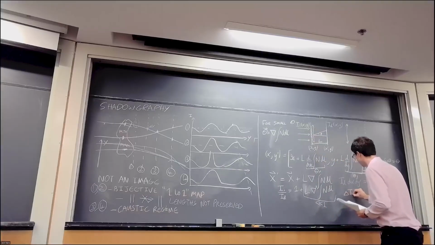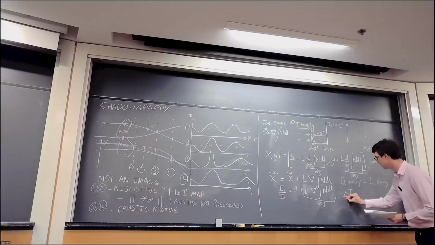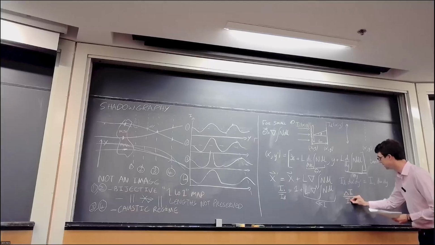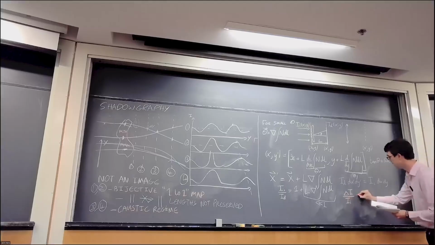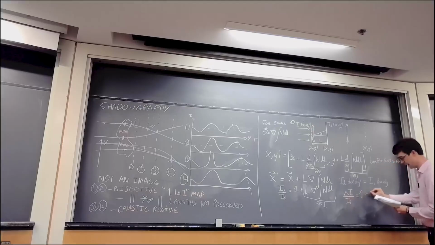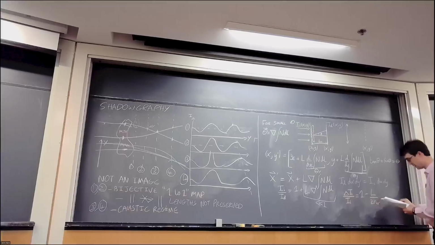So this would be the change in intensity in our image, delta I, normalized to our initial intensity, and that is going to be equal to 1 minus L over 2 n critical, nabla squared of the integral of n_e dl, where in this last step I've substituted out the refractive index for the expression that we had for n_e much less than n critical.